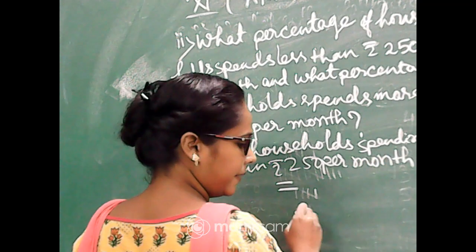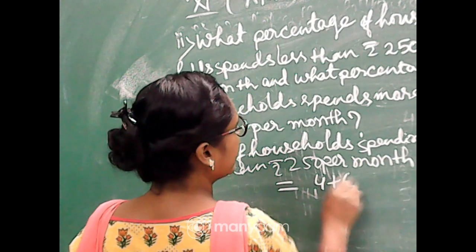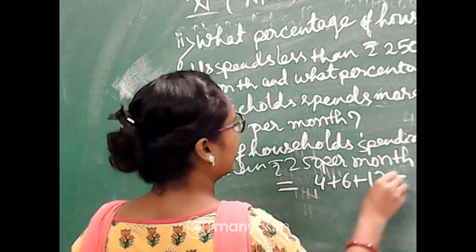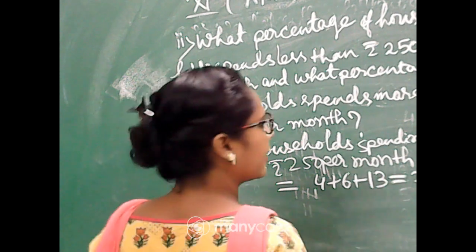So it will be 4 plus 6 plus 13 is equal to 23.